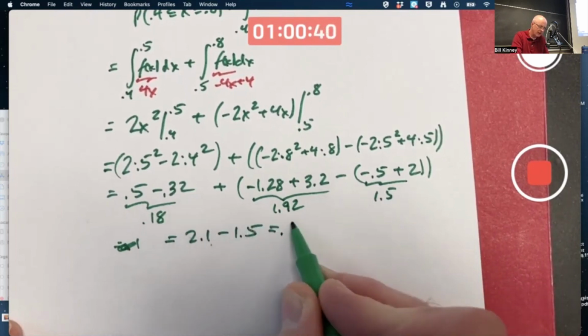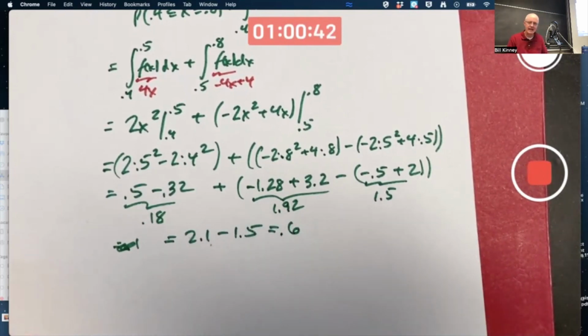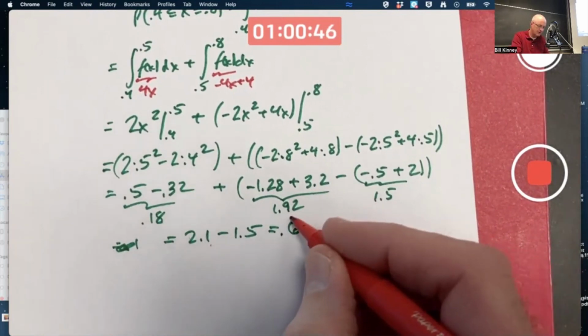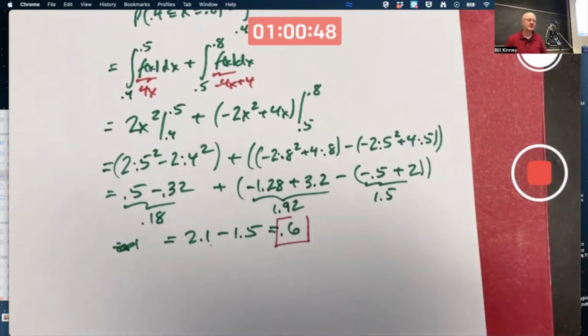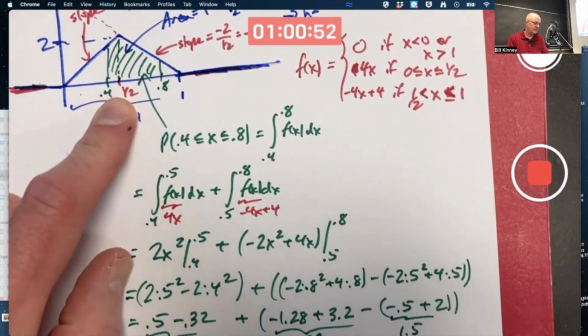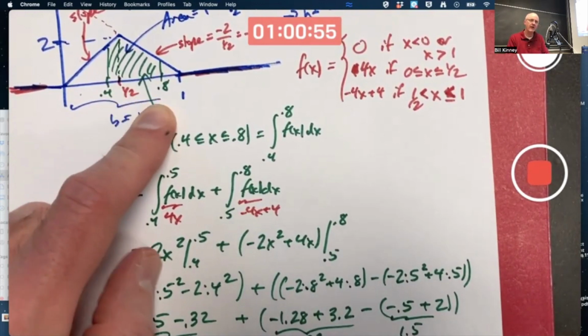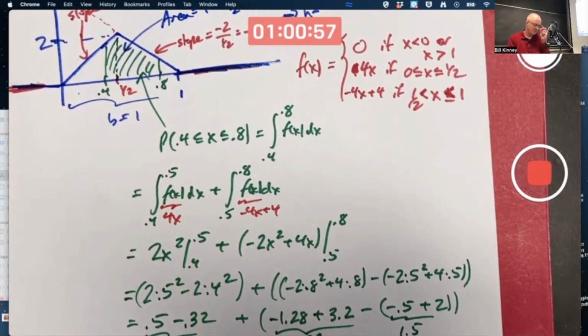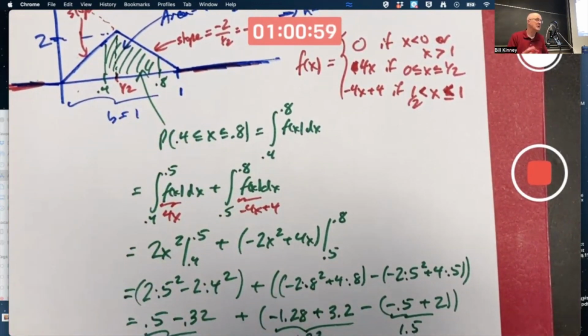It looks like the answer is 0.6, if I have not made a mistake. I'm going to assume that I've done it right and go ahead and circle that. That would then be the probability of being between 0.4 and 0.8, the total area that's shaded green here, just to illustrate a use of the probability density function.